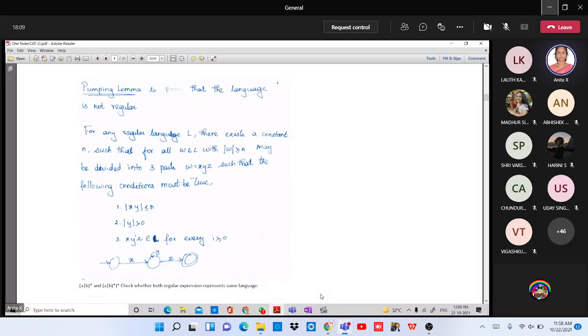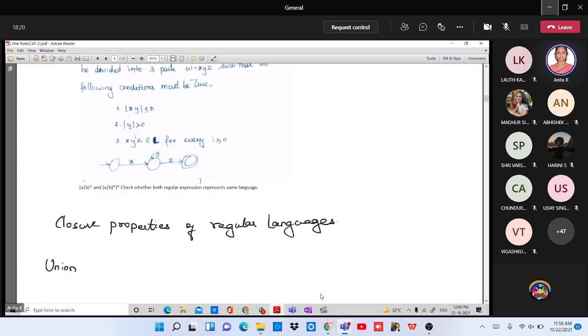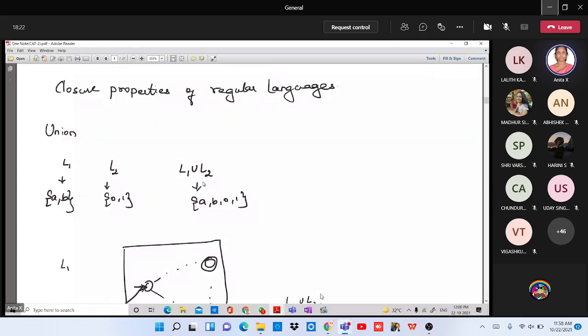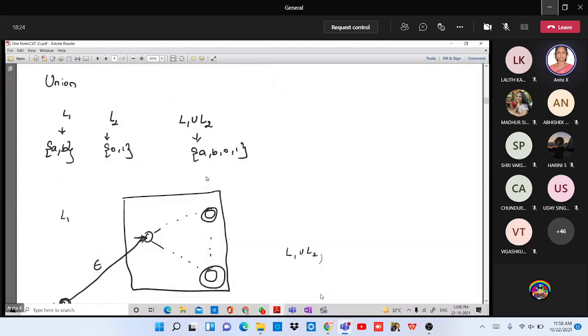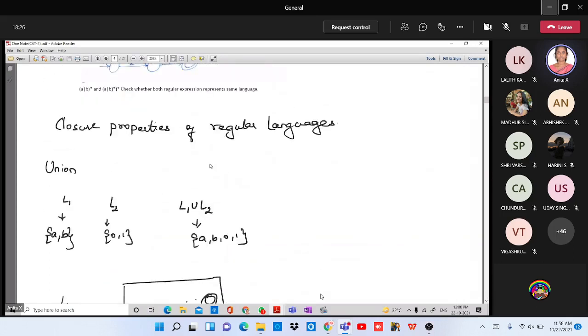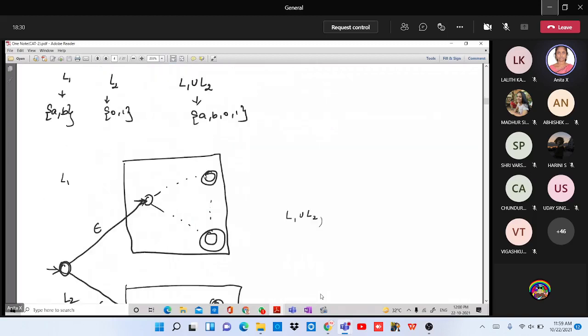The only choice is to prove that the language is not regular. The language will be given, and for that you have to prove that it is not regular. Okay. Yes, next we discussed the closure properties. Already the materials for pumping lemma I have shared. Okay. Closure properties, yes, you can deal with.